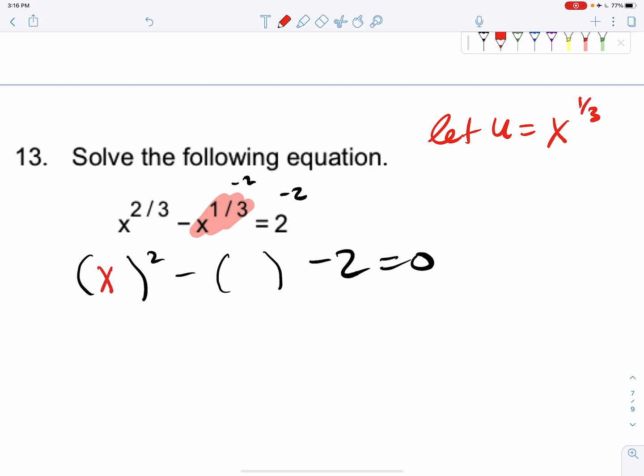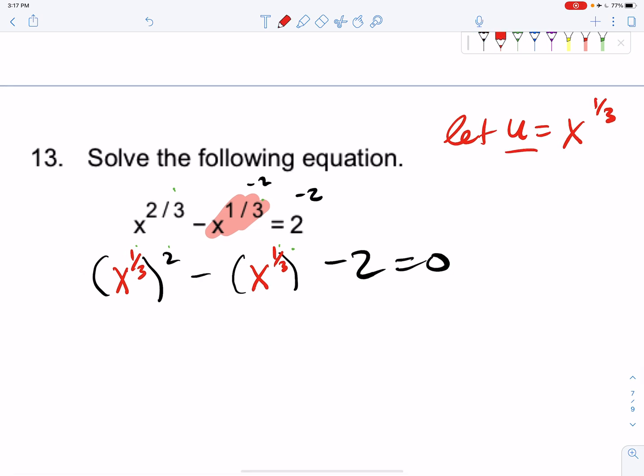Now if I write this as (x to the 1/3) squared, does that in fact work? Let's see, 1/3 times 2 is 2/3. That worked. 1/3 raised to the first power is 1/3. So yes, these two equations are totally equal to each other, and I'm going to replace x to the 1/3 with a u.